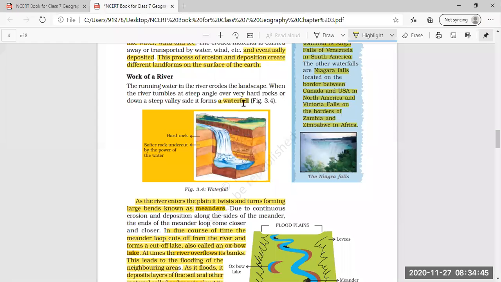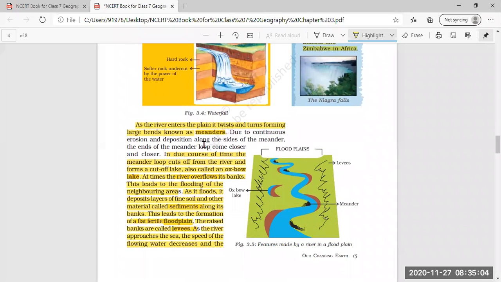When the running water in the river erodes the landscape, the river tumbles at steep angles over very hard rocks down the steep valley, and then it comes in the form of a waterfall. Next, as the river enters the plain, it twists and turns, forming large bends known as meanders.